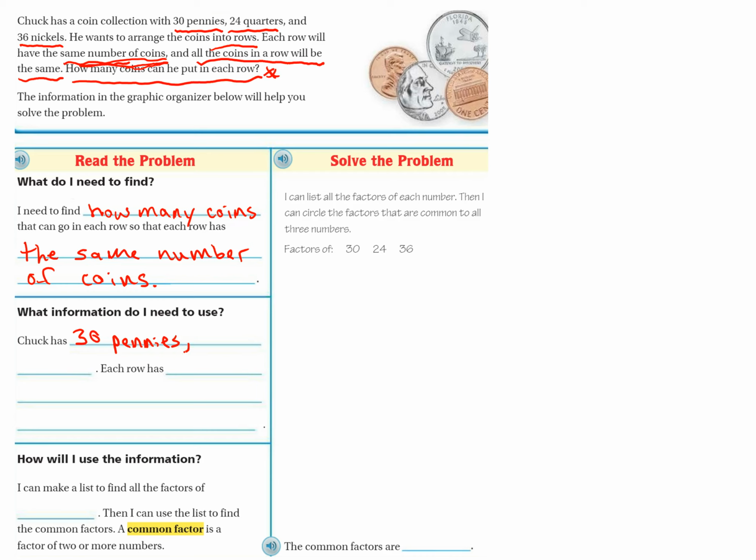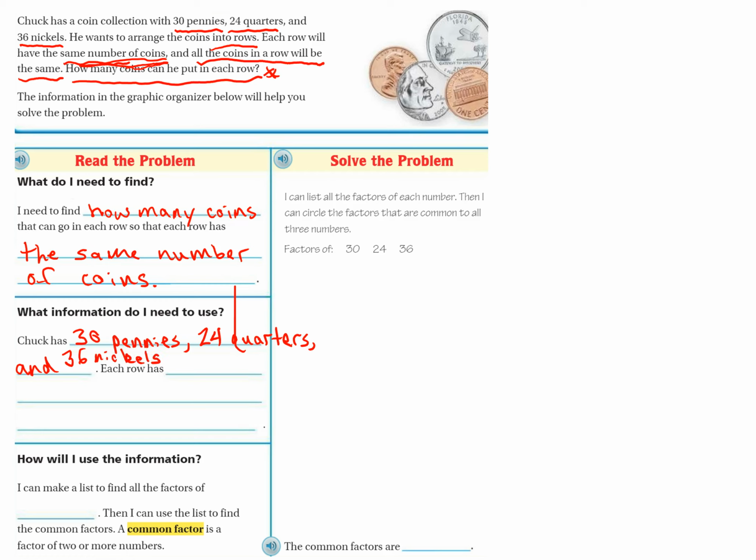And I'm listing 3 or more things, so I need to use commas. 24 quarters, comma, and 36 nickels.